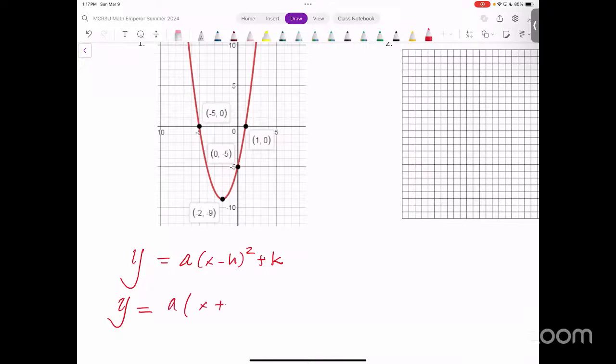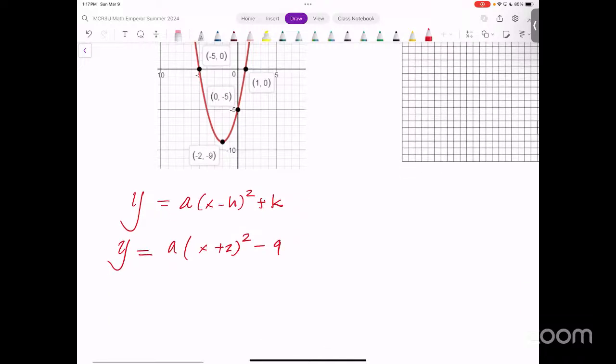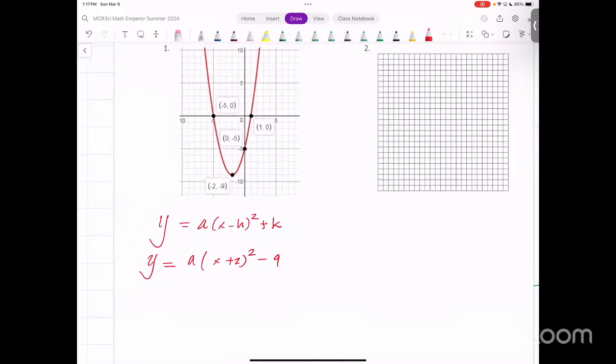Correct. So x plus 2 and minus 9, isn't it? If it's a vertex, it's pretty easy. Then how would I find the value of a? Plug in a point. Yes, let's plug in a point. 1, comma, 0. So 0 when x is 1. Three squared is 9. A is equal to 1.